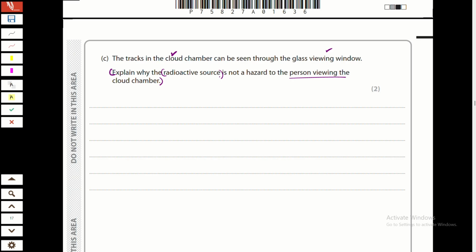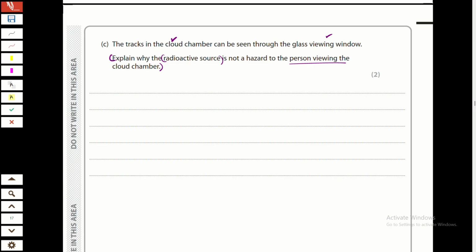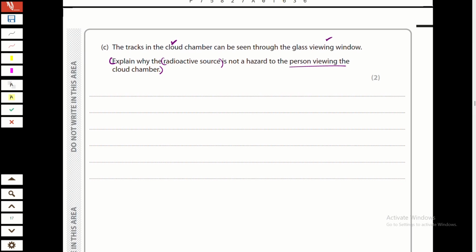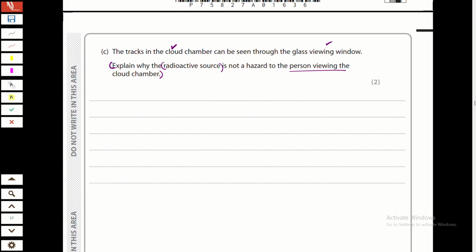They have a very poor penetrating ability. They are only dangerous when they are inside the body, when they are inhaled, because they are highly ionizing particles.